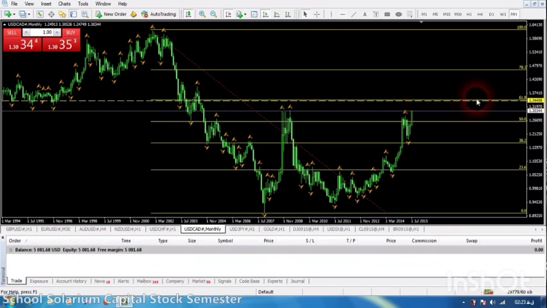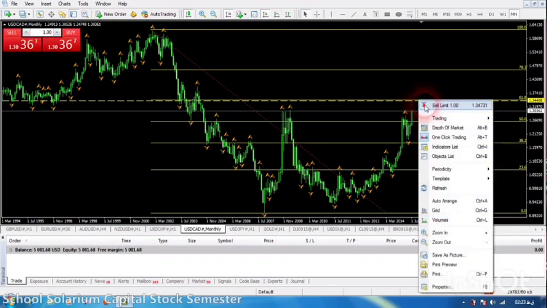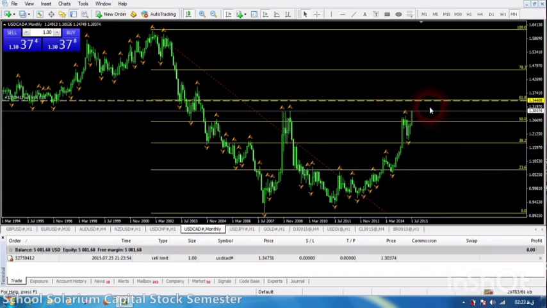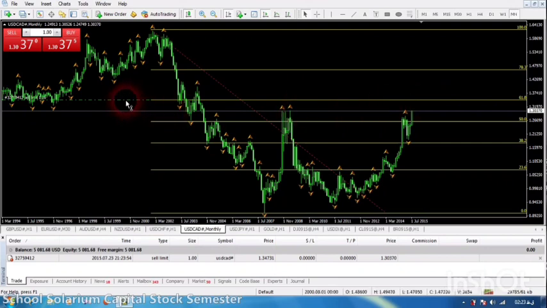So I will say that when the price reaches my 61 level, it's going to decline again. And it will not be able to break my 61 level. And then it will decline. So I will put a sell limit here. So that is my sell limit here. It's exactly below my 61 level here.